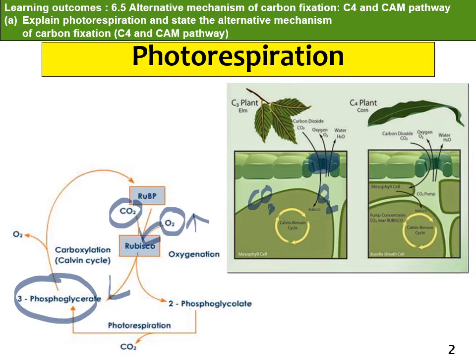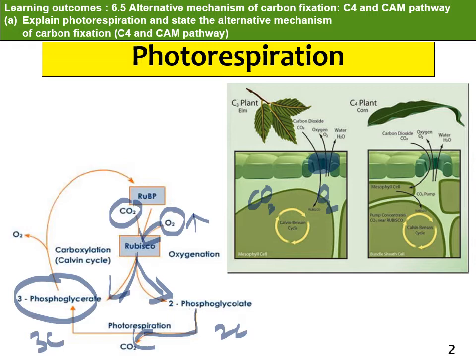So RuBP will split into two: one molecule of a 3-carbon compound, 3-phosphoglycerate, and another molecule of a 2-carbon compound, 2-phosphoglycolate. Then the 2-carbon fragment is exported from the chloroplast and degraded to carbon dioxide.